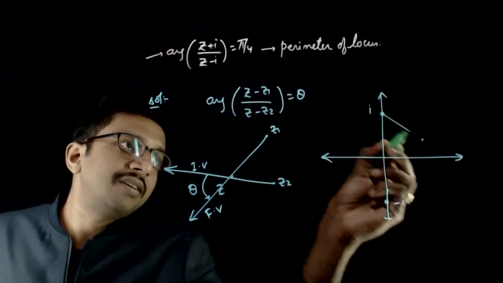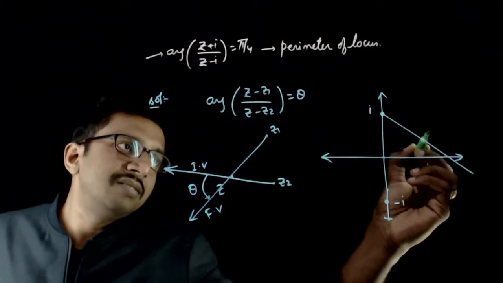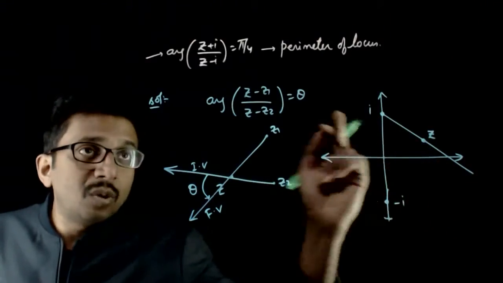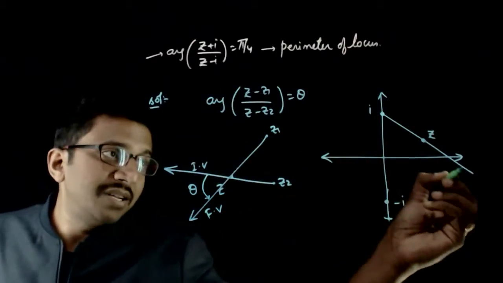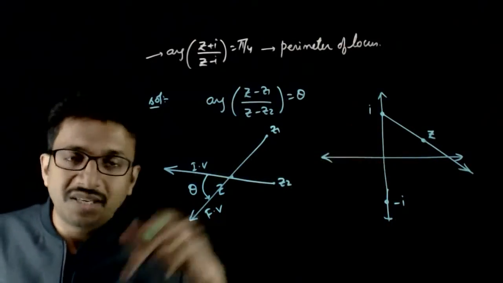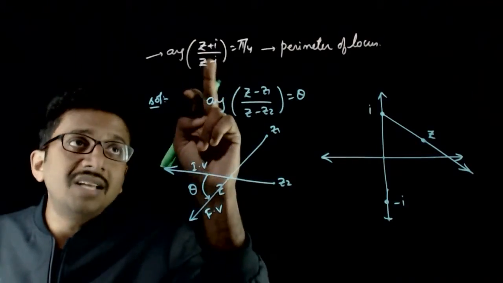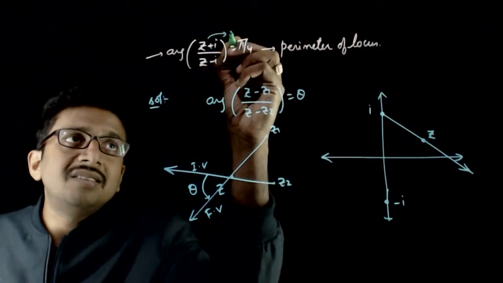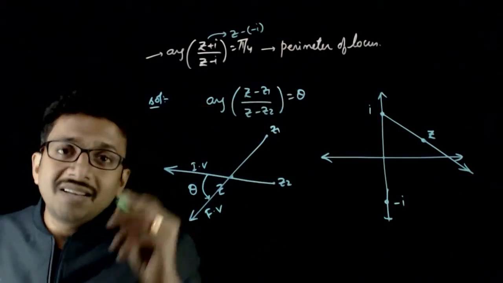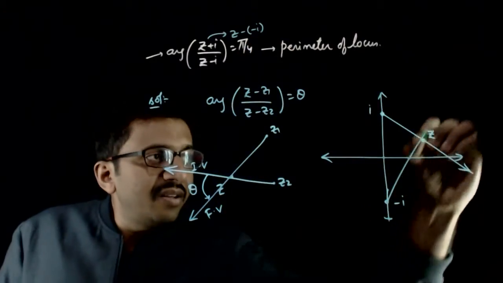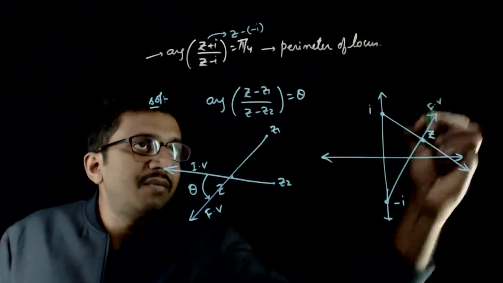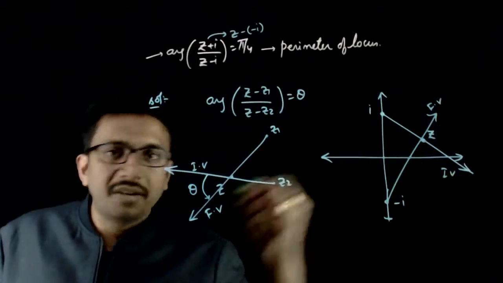So let us say that this is my z. The initial vector is the vector joining from i to z. And the final vector is z minus of minus i, that is a vector joining minus i to z. So this is my final vector, and this is my initial vector.